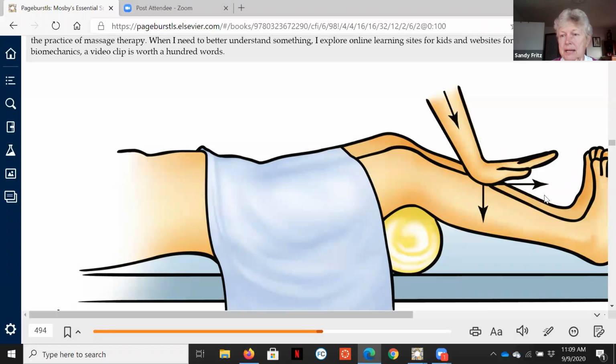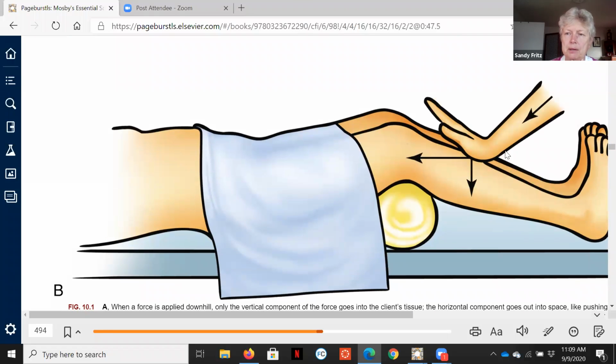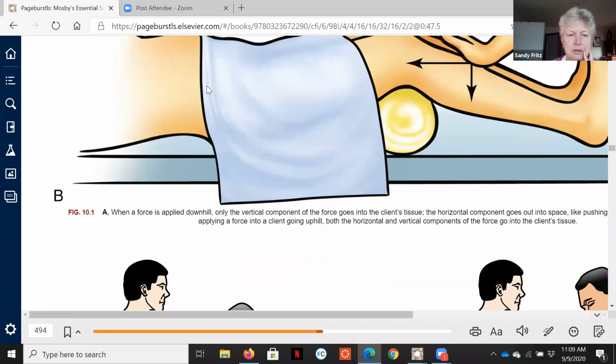We got some down, but a lot of the energy is out. Whereas if we go up a hill, is what we simply will call that, we've got the compression coming down, but we also have the force forward. So there's a combined tensional stress and a compression stress.